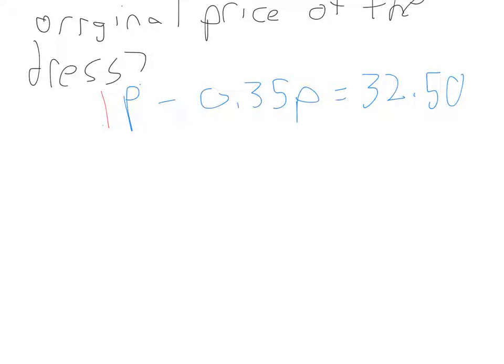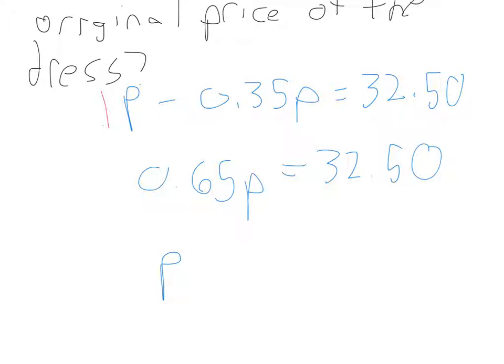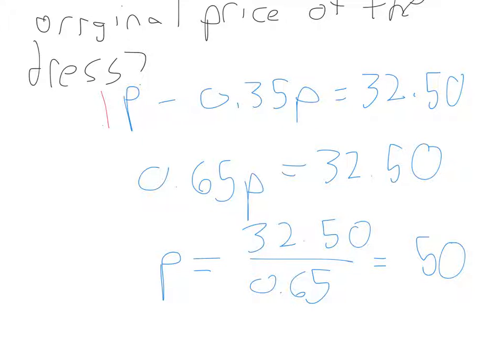So 1 minus 0.35 would be 0.65 times the original purchase price would be $32.50, which means our original purchase price would be $32.50 divided by 0.65. And that tells us the original purchase price, if you type it into your calculator, was $50.